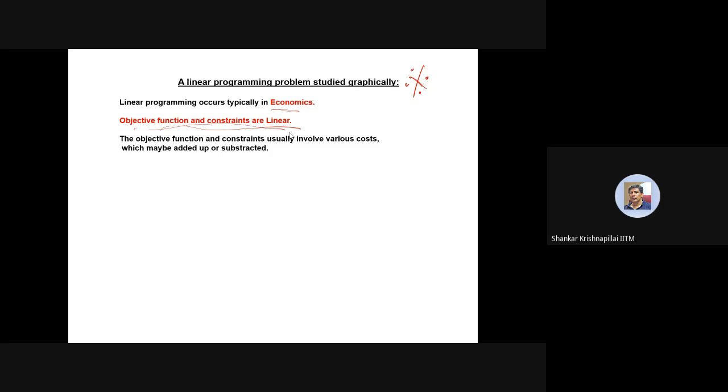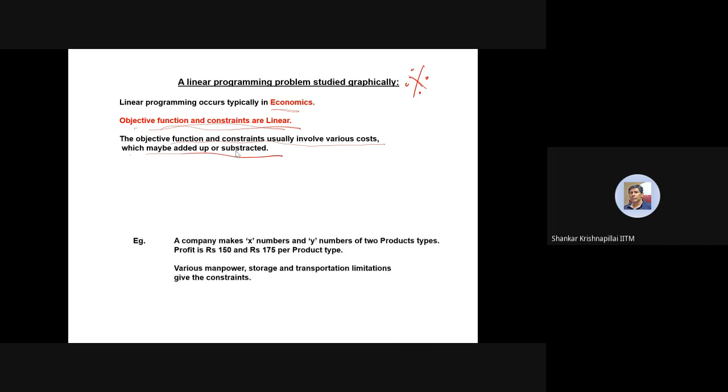Why is it linear? It is linear because objective function and constraints are summation of various costs or losses. So we look at the structure of a simple linear programming problem with an example.